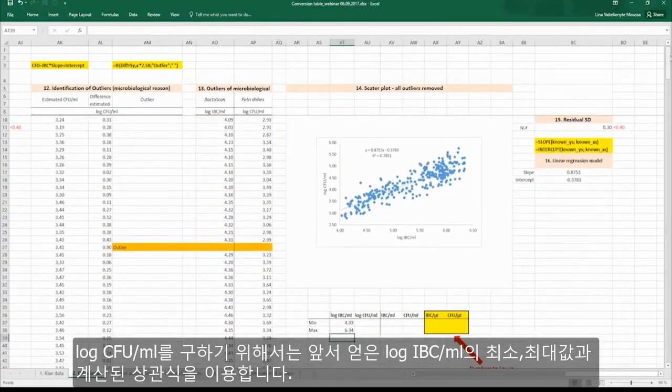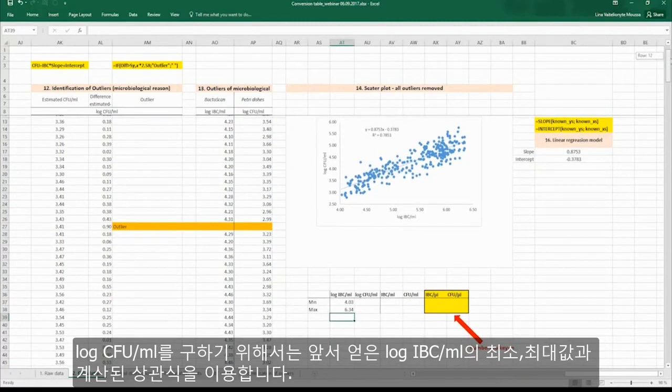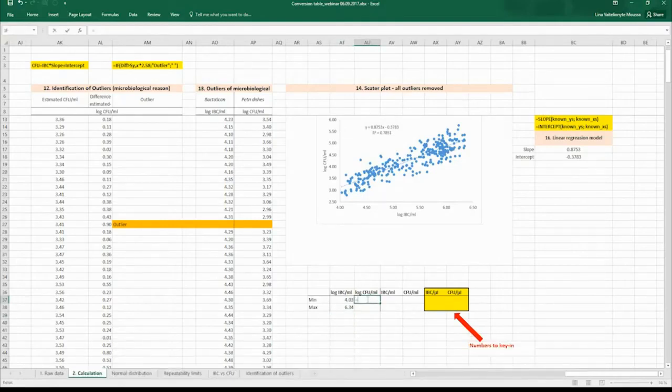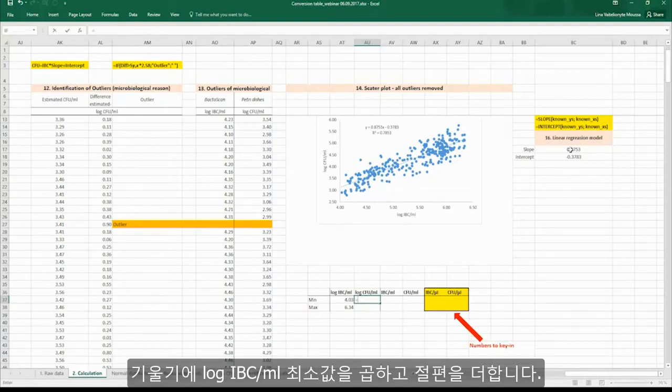In order to calculate logarithmic CFU per milliliter, because we have logarithmic IBC per milliliter, now using the regression line equation we can calculate log CFU per milliliter. So it will be slope multiplied by log IBC per milliliter plus intercept.